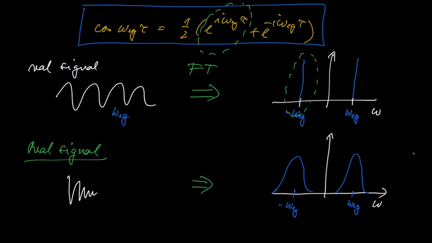E to the power of minus i omega Eg is the positive frequency complex exponential. So if we delete one symmetric branch of the Fourier transform of the real signal and Fourier transform it back, we are actually getting a complex signal. This looks completely artificial. In fact, it is completely artificial.